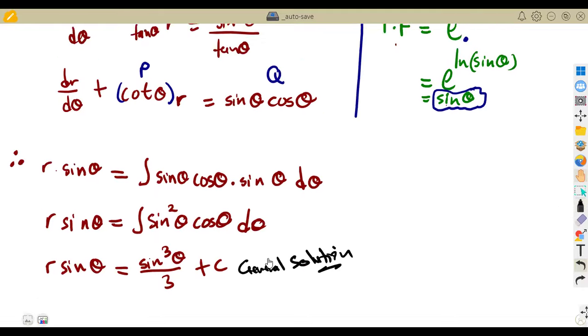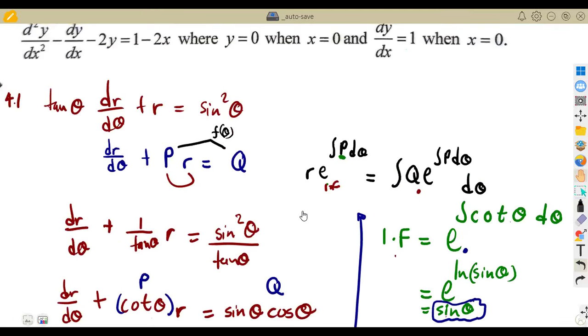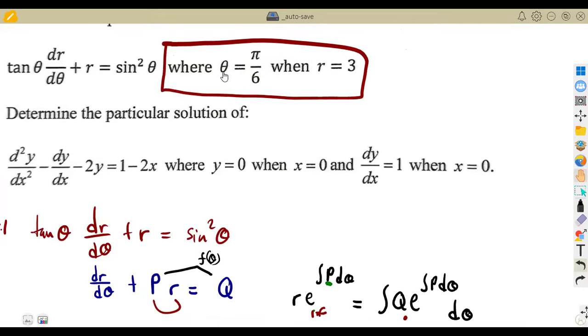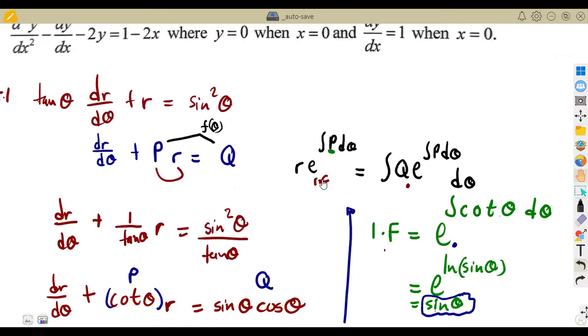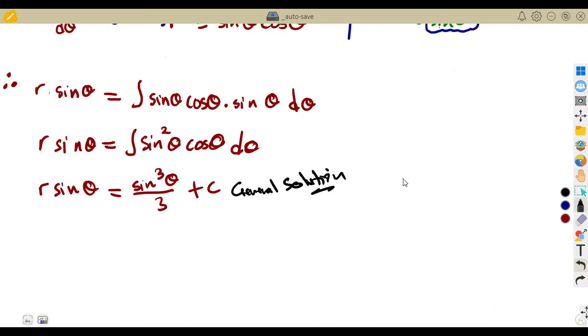We need the information that we are given here, where we are supposed to determine the particular solution if theta is pi over 6 and r is 3. So theta is pi over 6, r is equal to 3.